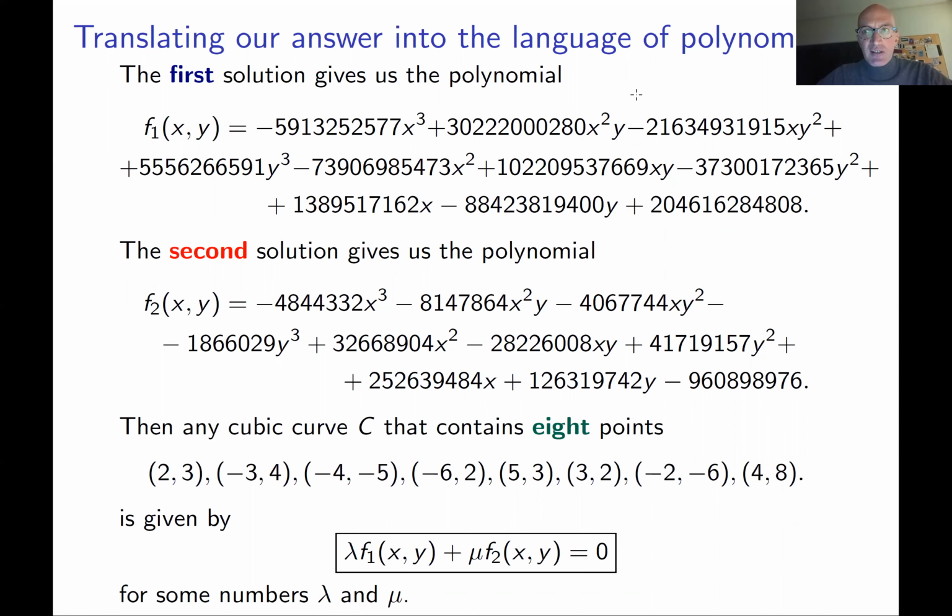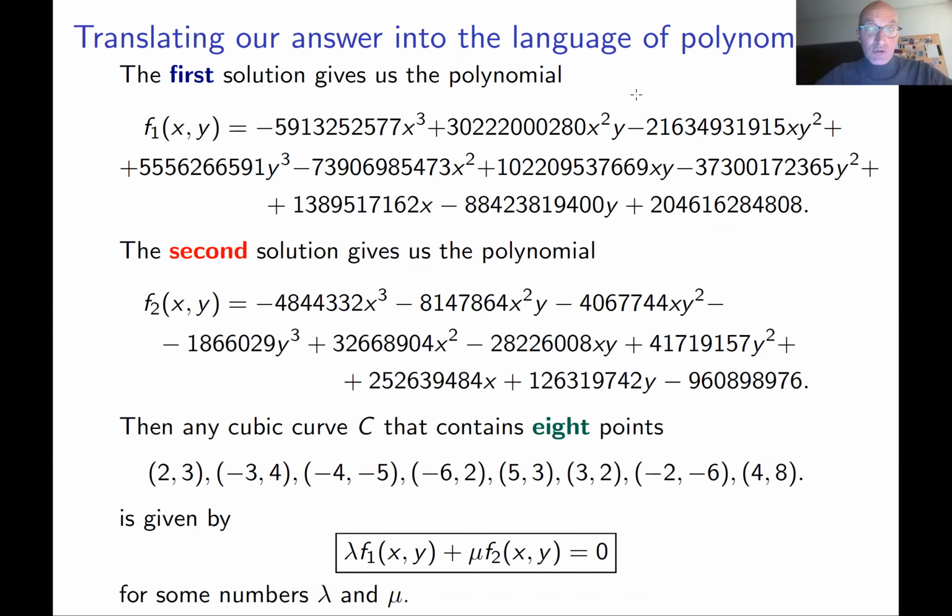But now look, we also have a 9th point of the original intersection, which I didn't put on the screen because its coordinates are just too big. So if you substitute the coordinates of this 9th point into this equation, what do you get? f1 of this point is 0 because this point is contained in the first curve.